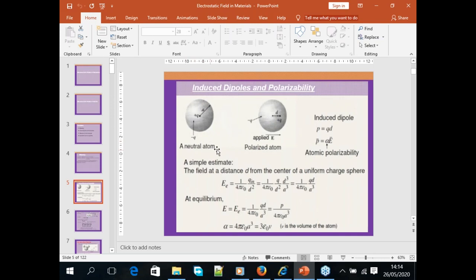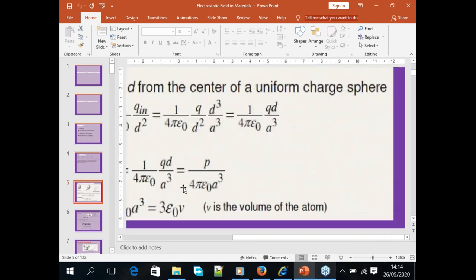We have the neutral atom, the polarized atom, and the polarizability. For the induced dipole, p equals qd, which brings us to p equals alpha E, which we can see on our screen right now.